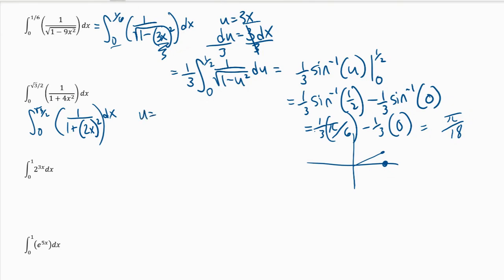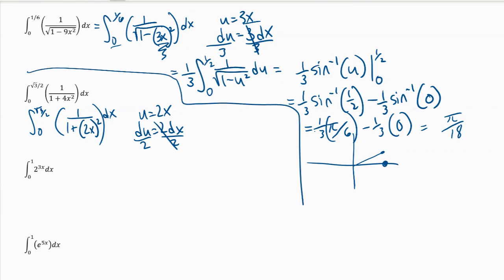All right, so let's let u equal 2x. So du is equal to 2 dx. Divide by 2. I get dx is equal to 1/2 du. So it's going to be 1/2 times the integral of 1 over 1 plus u squared du.